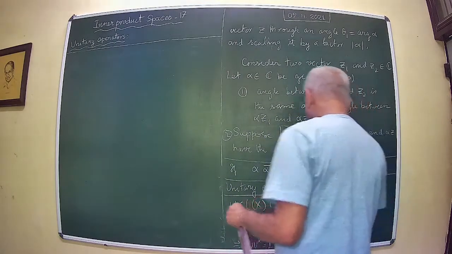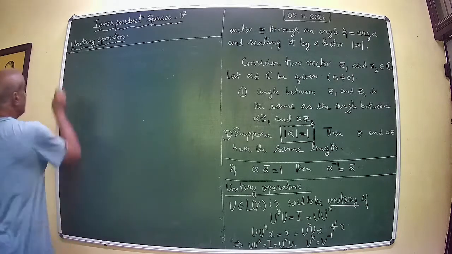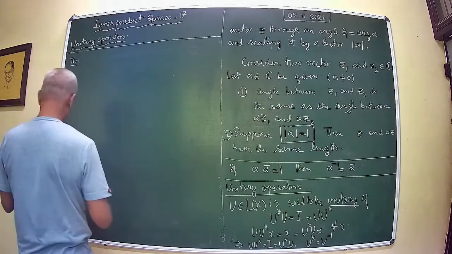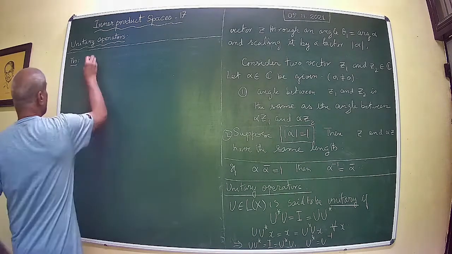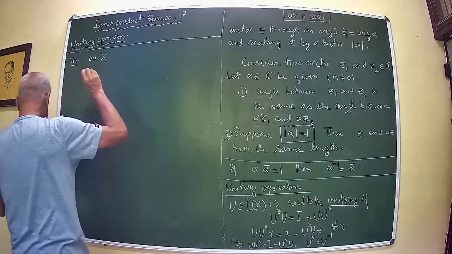So this is the definition that you have. We prove the theorem: X is a finite dimensional inner product space over C, and the following three properties are equivalent.